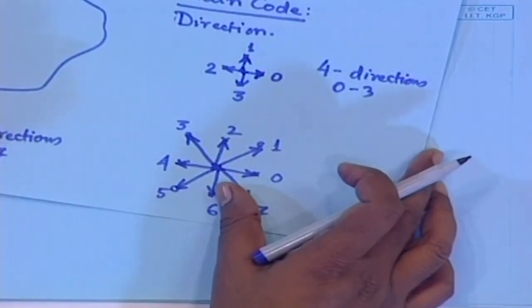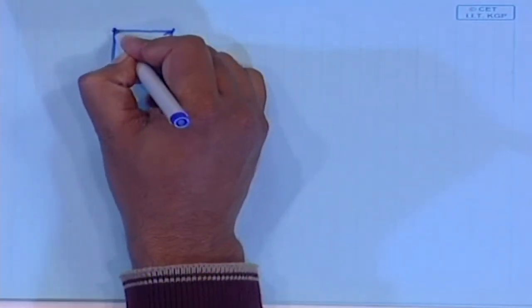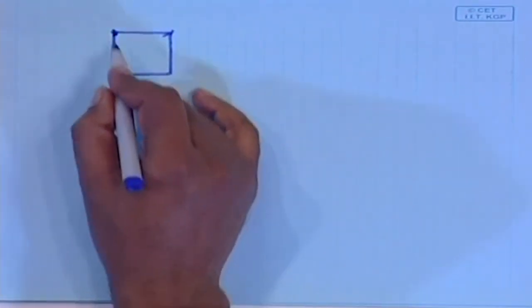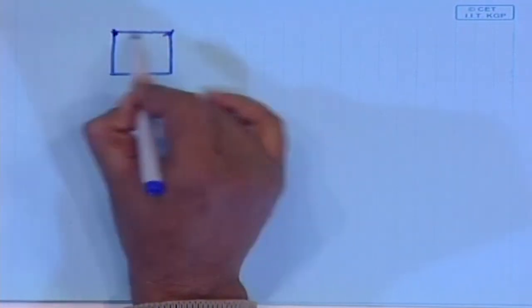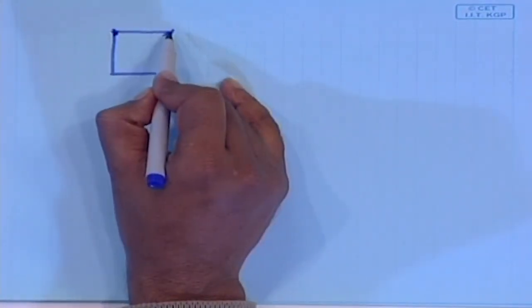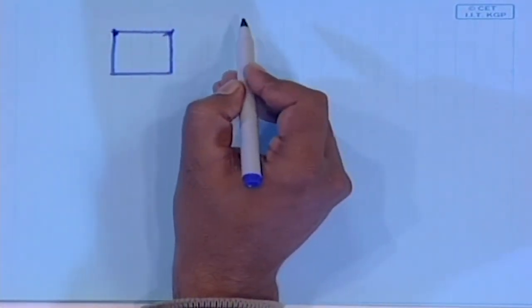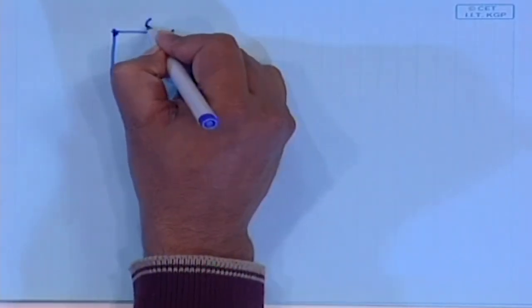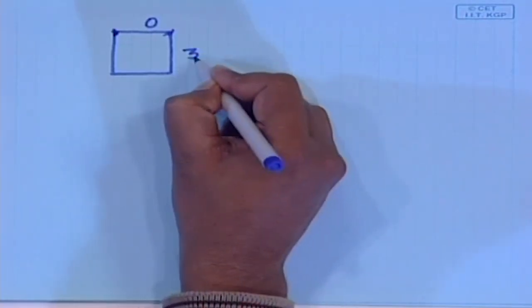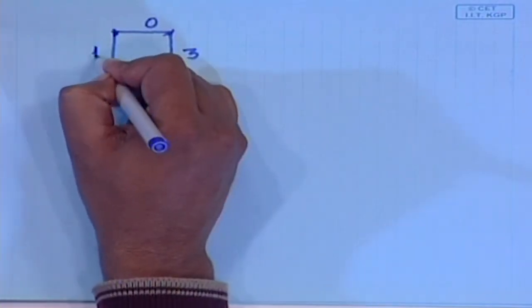Okay. So following this 4 connectivity and taking this as the starting point, the chain code for this particular figure, assuming that every side is of unit length, will be 0, 3, 2, 1.